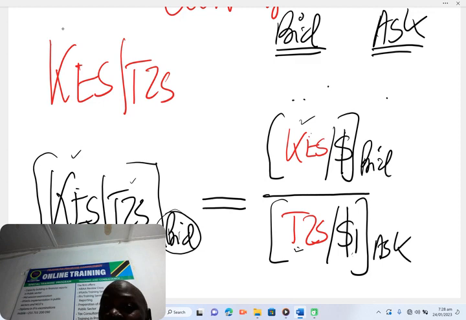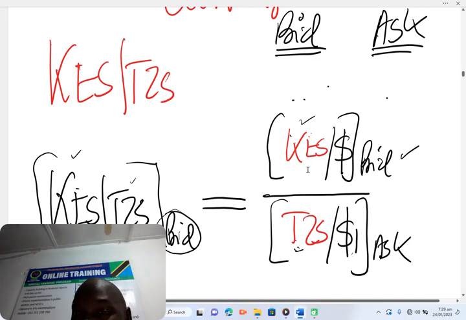At the top, the numerator, you write Kenyan, and the denominator, you write Tanzanian. Then all these transactions in rate, you put against the common currency, and then you write bid over ask. Can you pick this rate? No problem. So go on top.